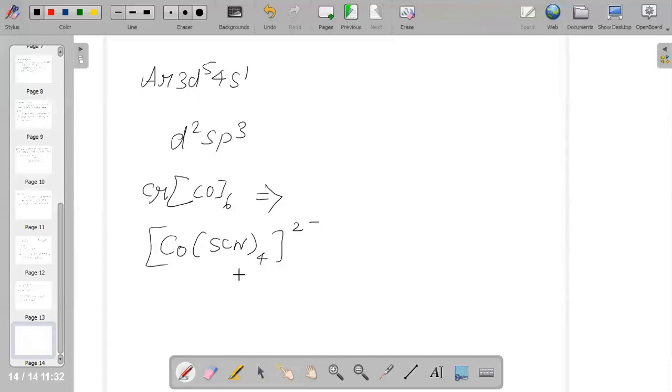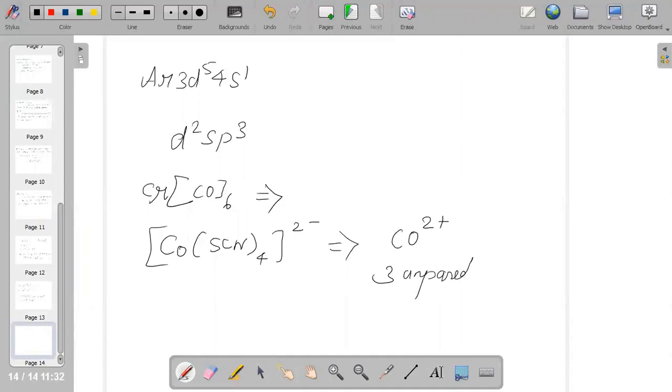If you calculate the oxidation state, Co is present in the Co2+ form, with sp3 hybridization and 3 unpaired electrons.